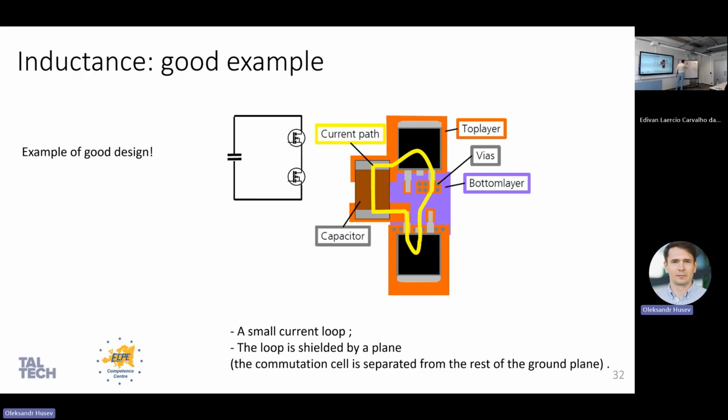You can always put something very small here. That's why it's always recommended to put a distributed capacitor. Even in this case, if you route this path like this, it will always be better than connecting it directly. It's a very simple explanation, but you keep return and direct current close together, which minimizes magnetic flux, and it minimizes inductance. Clear? Okay?